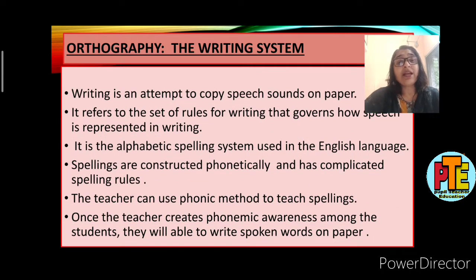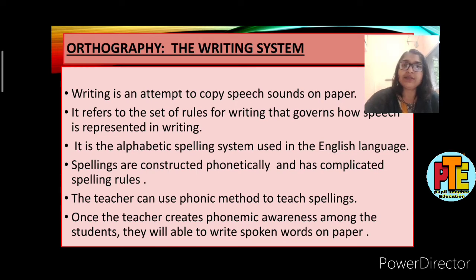These rules tell us how speech is represented in written form, like spellings of words, letter-sound correspondences, and the use of punctuation marks. You can say that orthography is alphabetic. Here, each written symbol represents an individual sound in a spoken language.